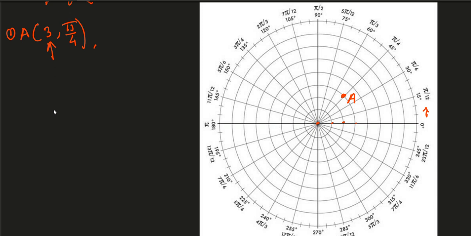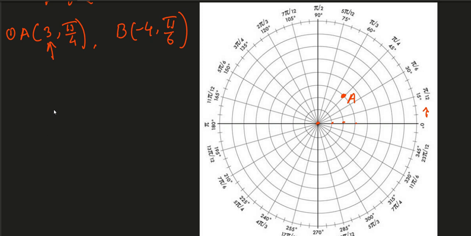If we have another point B, let's say B equals (-4, pi over 6). In that case, since we have a negative sign before the r, first of all, we'll consider the point without the negative sign. This is a shortcut technique, or a trick you can say.